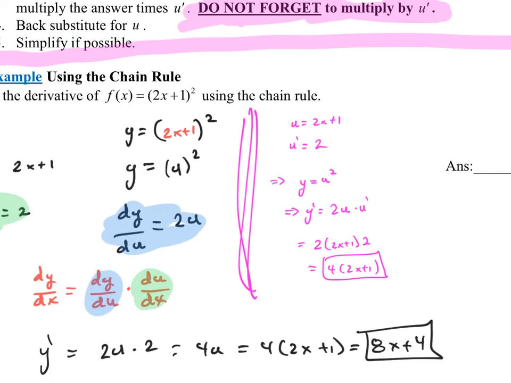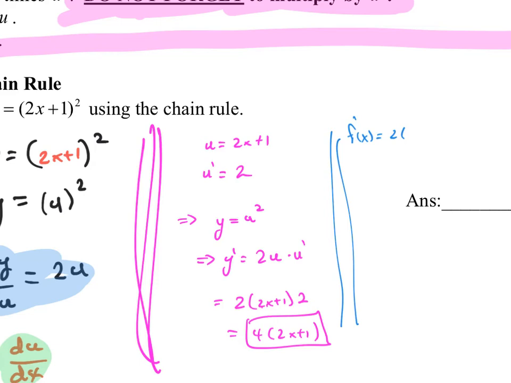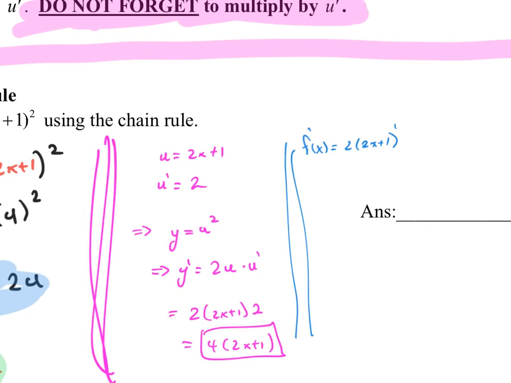You're going to get better and better at this. You'll get to a point where you're going to see my writing go to something like this. I'm going to say f prime of x is equal to bring down the power, keep the exact same thing, 2x plus 1, to the power 2 minus 1. So that'd be to the first power. That's treating it just like it was x raised to the 2 power. But then I need to multiply it times the derivative of the inside.